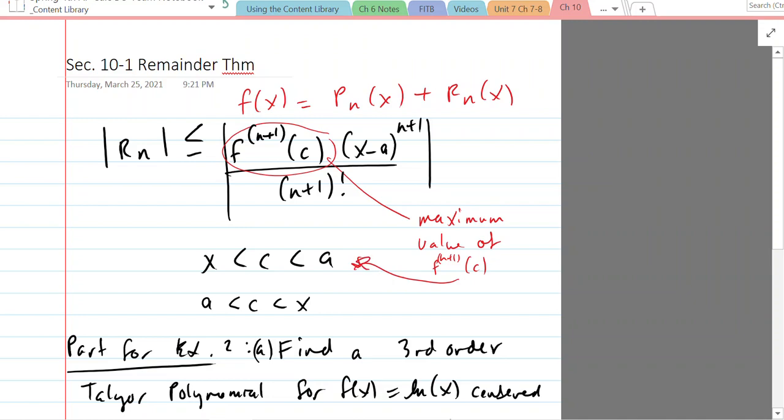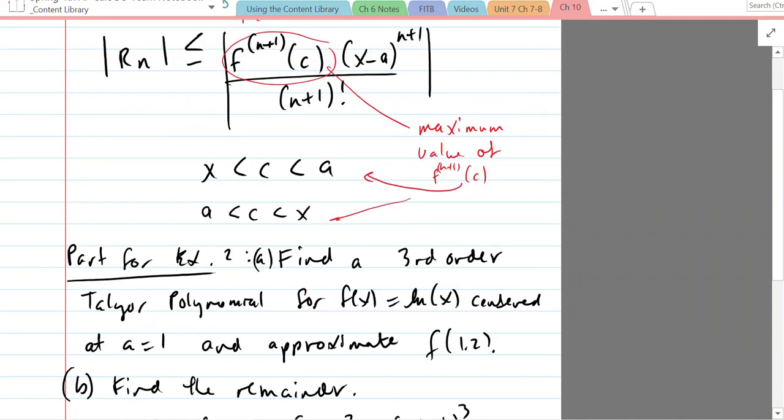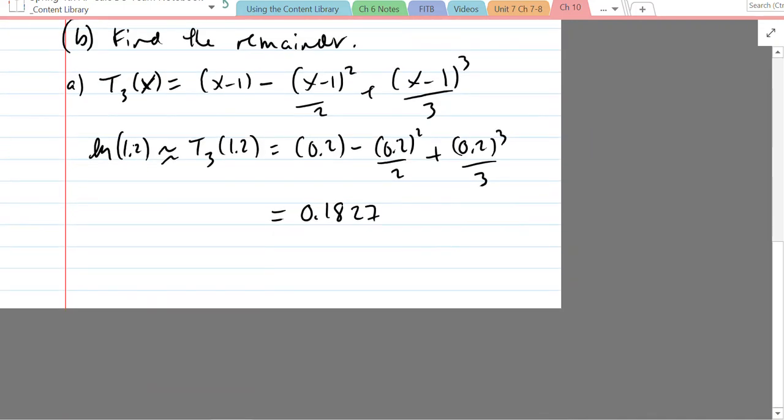Depending on which side of the a you're on, it's either that or that, either to the left or the right. So in our case, we're looking for it to be between 1 and 1.2. So I need another page, and I'll write down what it is in a second.